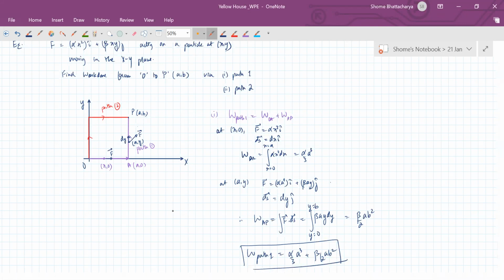Now similarly, let's calculate what's happening for path 2. Let's take this point as B, which is having this sort of coordinates.